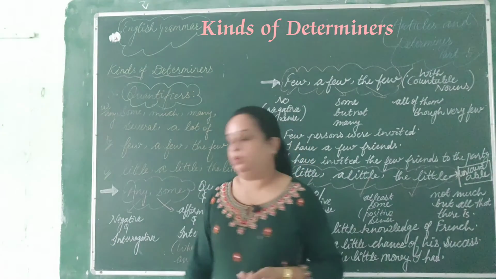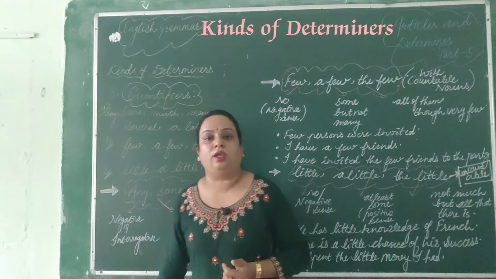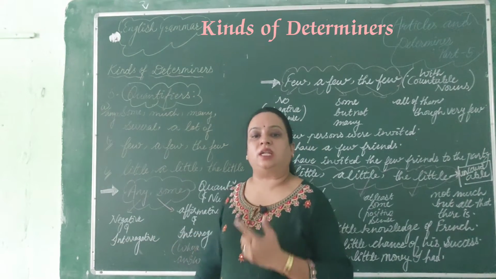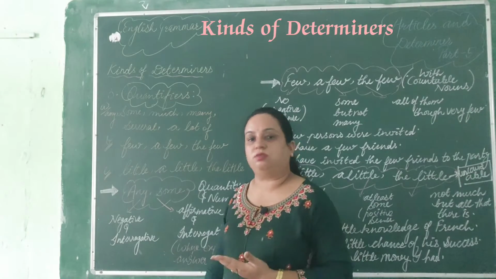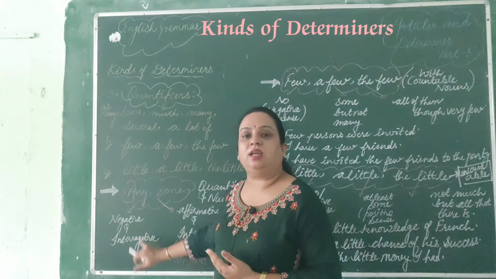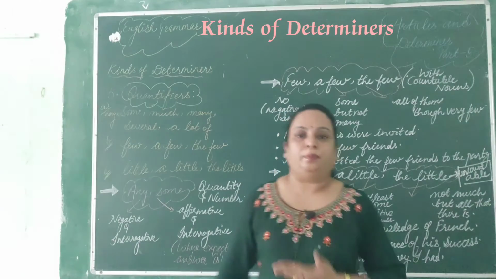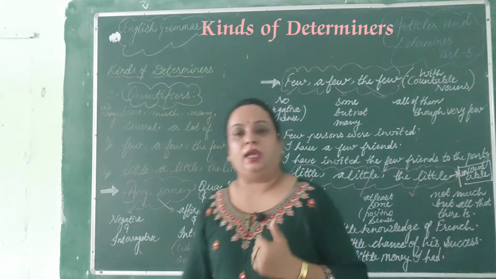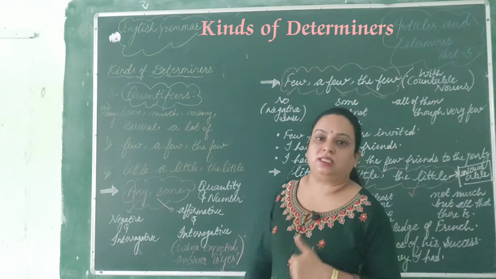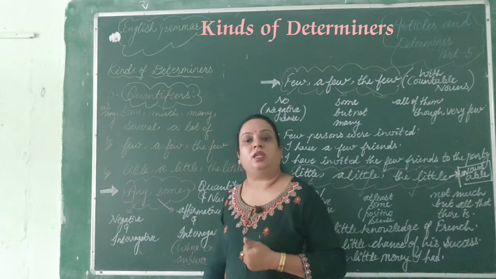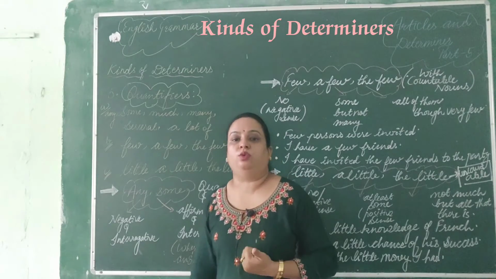So what we have learned is that any we have to use in negative and interrogative, both kinds of sentences. Examples, I don't have any money, and the second example of interrogative is, do you have any money? So like this we have to do.